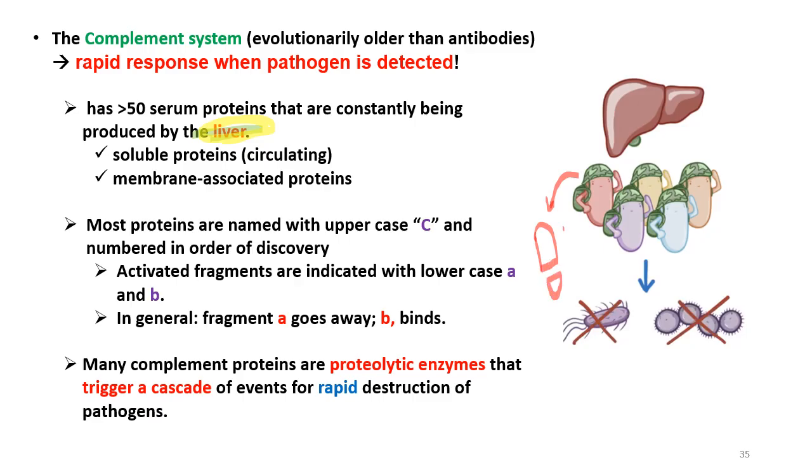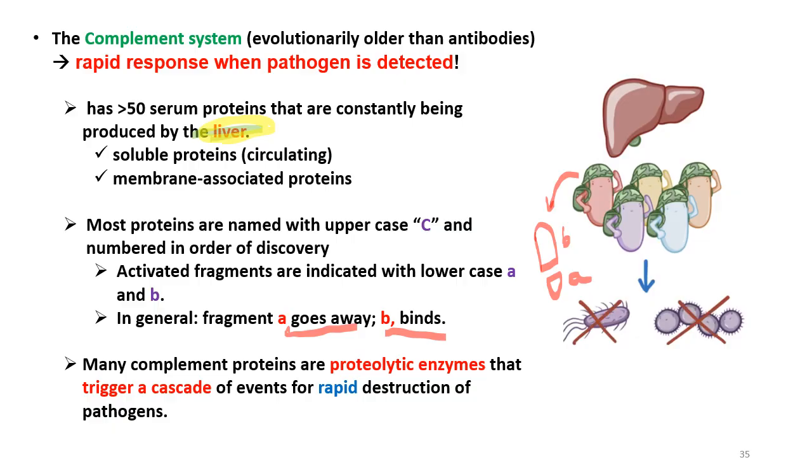The larger piece is going to be the B fragment. The smaller piece is going to be the A fragment. The A fragment keeps on floating in the blood, so the A fragment goes away. And the B fragment is going to attach to the surface of the cells. So the B fragment binds and the A fragment floats away.